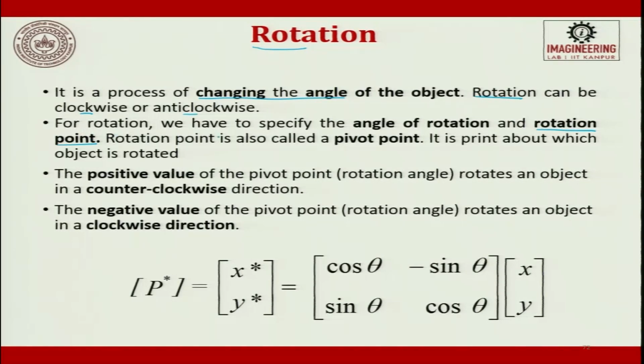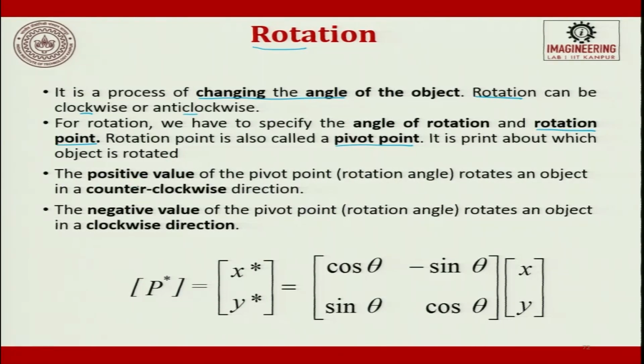So, for rotation we have to specify the angle of rotation and the rotation point. The rotation point is also called the pivot point. It is the point about which the object is rotated.